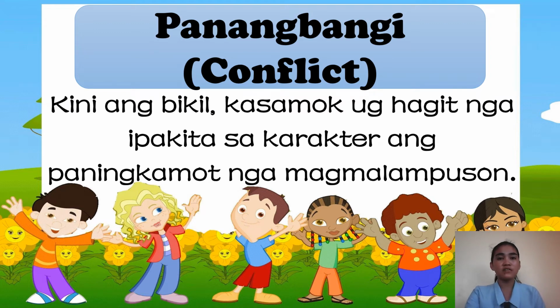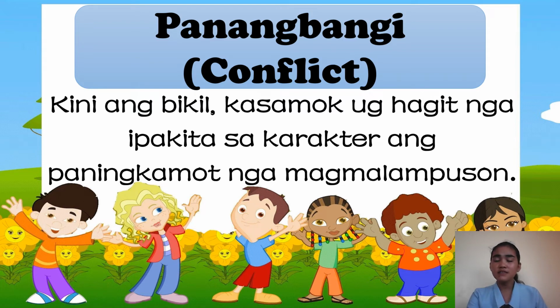This element of a story will lead to the ending. In this element, you will ask yourself, how is the problem of the character resolved? How are the challenges of the character solved? So you will ask yourself these questions in this element, the conflict.